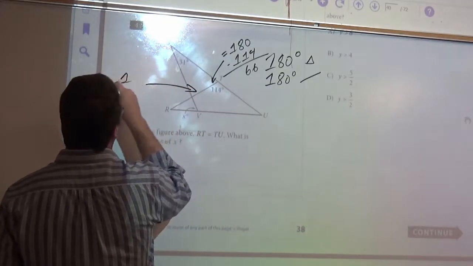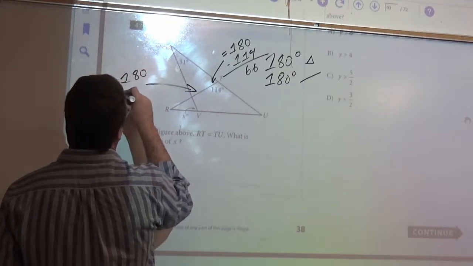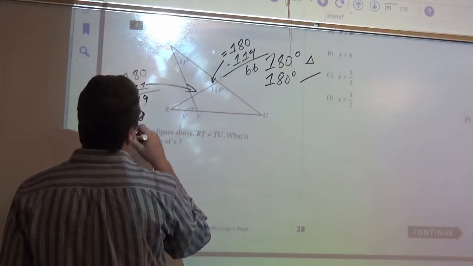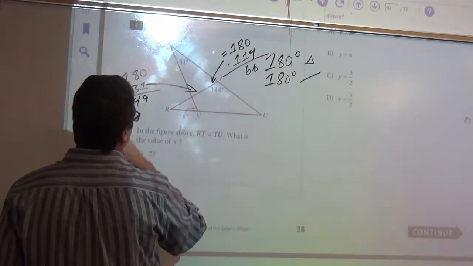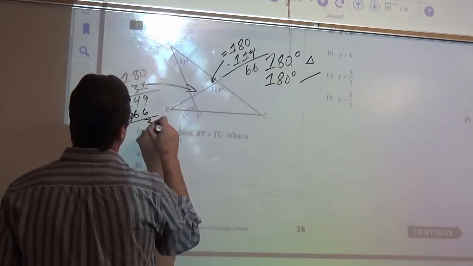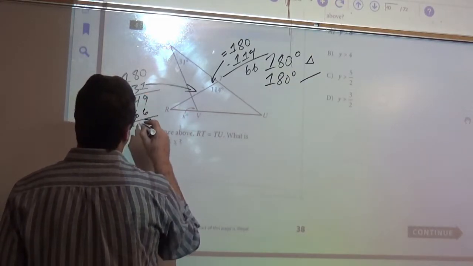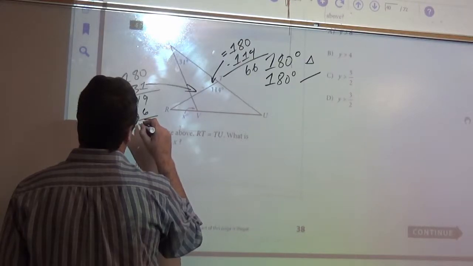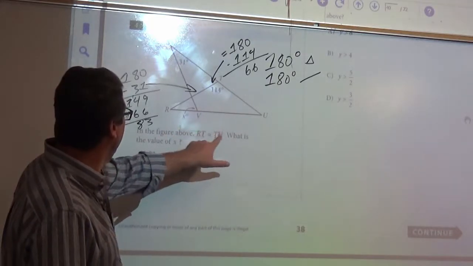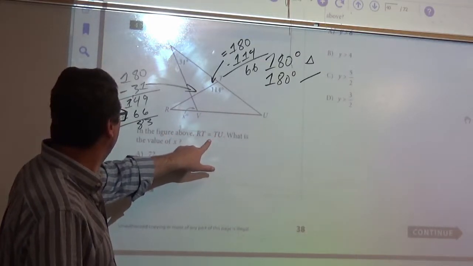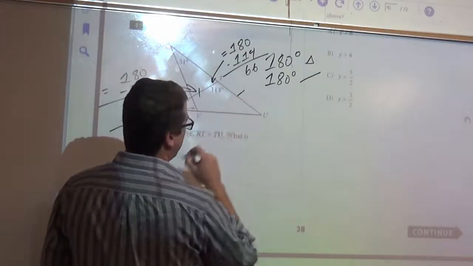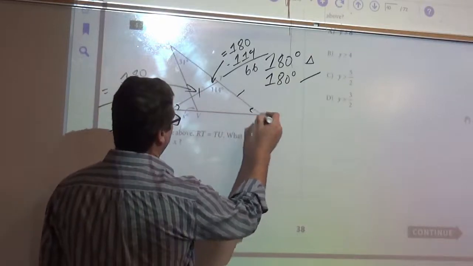This angle will be 180 minus 31, minus the 66. They said RT and TU are equal. So that means that this is an isosceles triangle and this angle are equal.